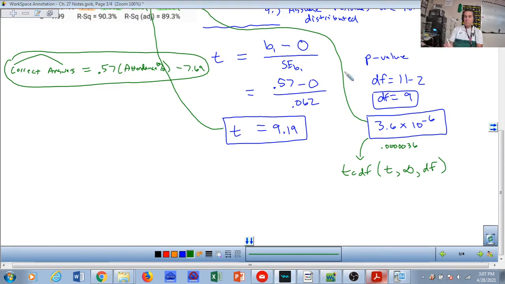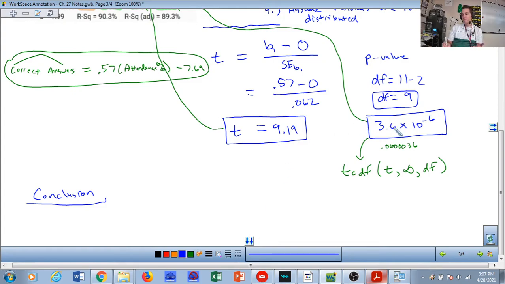I swear I've seen a lot of stuff in my life, but that was awesome. The printouts are awesome. Now your conclusion: this is like all the other conclusions you've ever done. Who cares that it's slope?